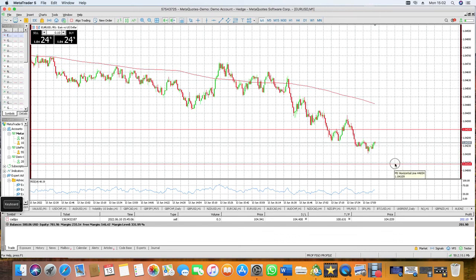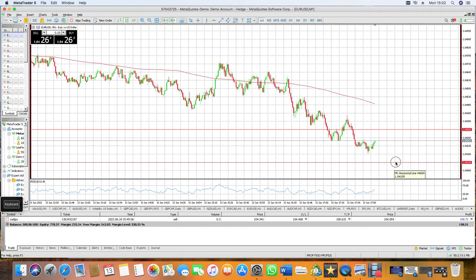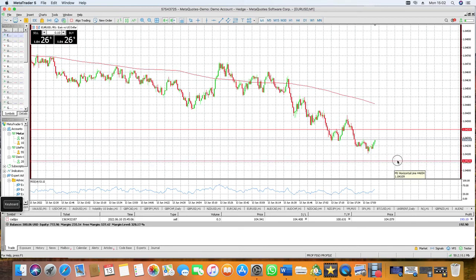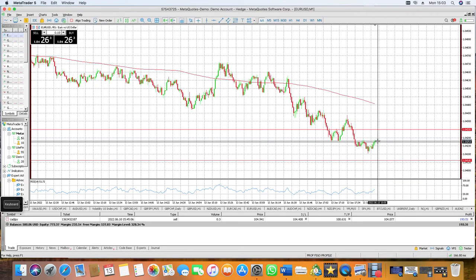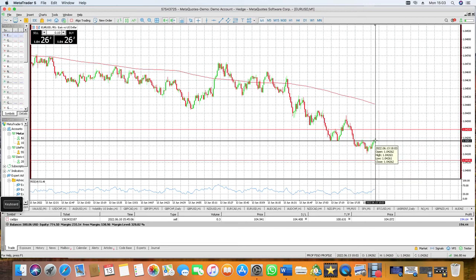If you are selling from 1.0224, then it will be from 0.0414. So when you are selling, it goes down, so it will be minus, but when you are buying, it goes up, plus.